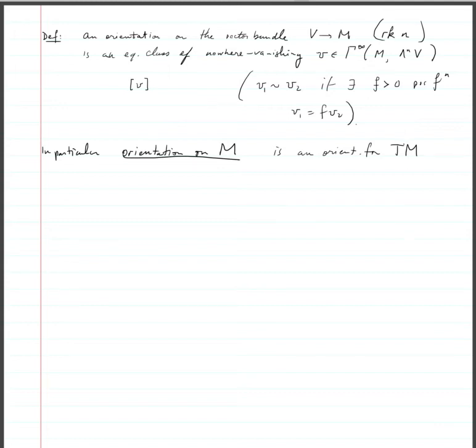Actually, it makes no difference whether we use TM or T star M for this purpose. And so oftentimes we'll just use the cotangent bundle.